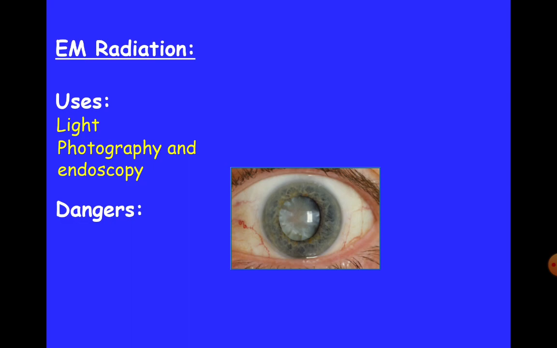Endoscopy is like a very tiny camera attached to an optical fiber or a special cable that lets light through, and you can bend it, and it's like going into your body to see, for example, when a surgeon is working on an operation, to see exactly what he is doing inside, or even to find some wounds inside your organs. Okay, some dangers: blindness.